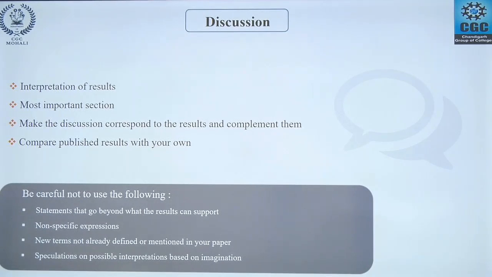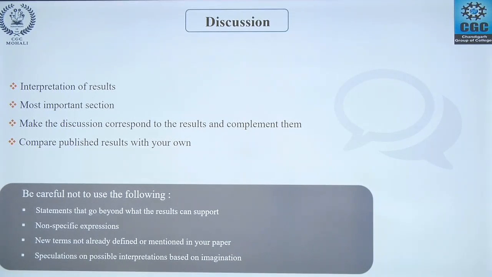You need to put quantitative descriptions, right? Okay, next, coming up with new terms not already defined or mentioned in the paper. You cannot put them. Speculations on possible interpretations that are based on, let's say, imagination rather than rooted in fact and carefully explained in the article. So your article should always be supportive of the facts which you are putting in the results, right?